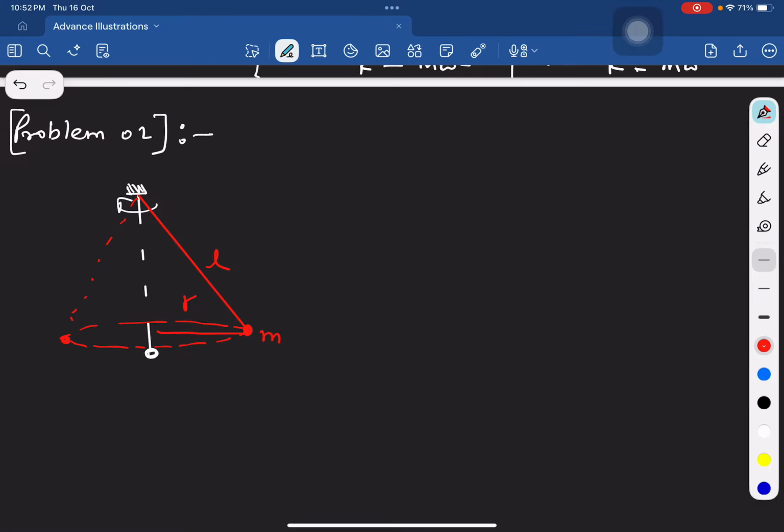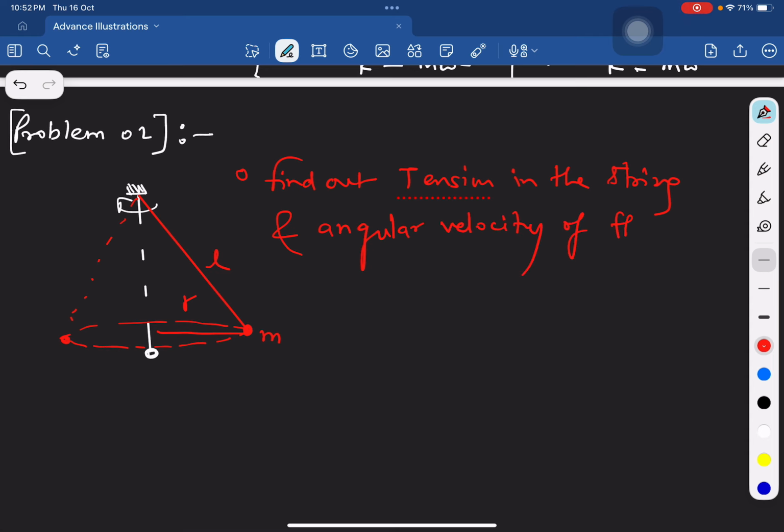They are asking, find out the tension in the string and the angular velocity of the particle.